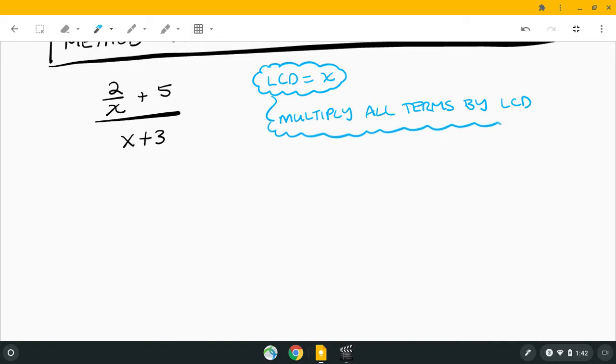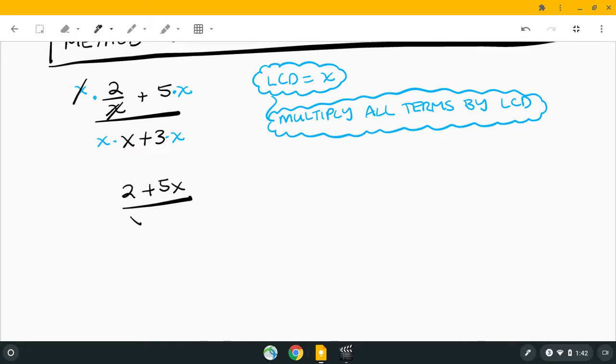By doing this, you cancel that one little fraction there. So I multiply everything by the LCD, and these cancel. I get 2 plus 5x over x squared plus 3x, and there's the answer.